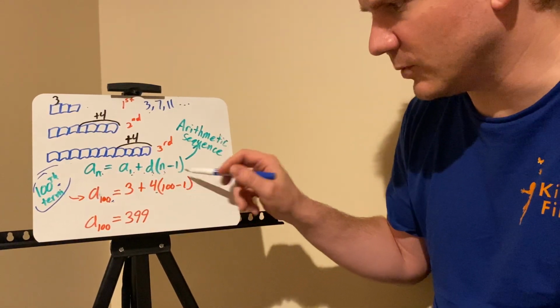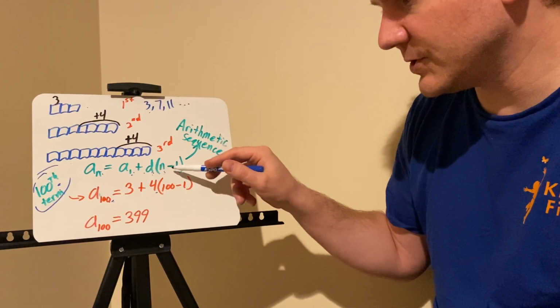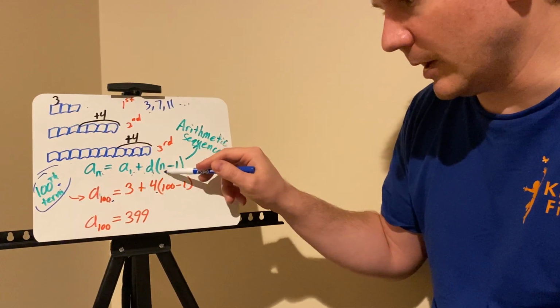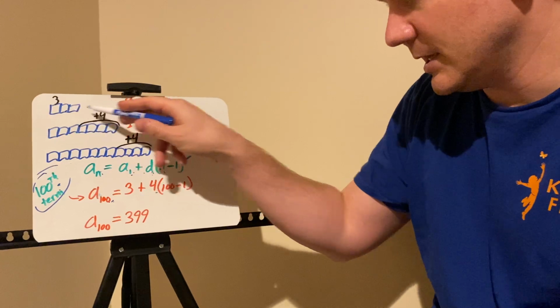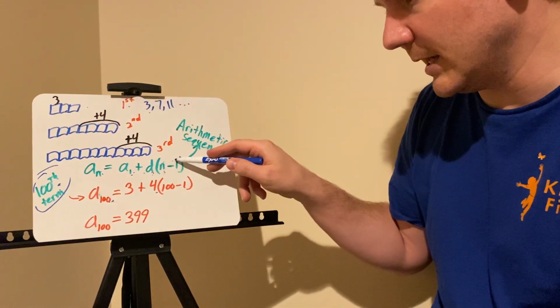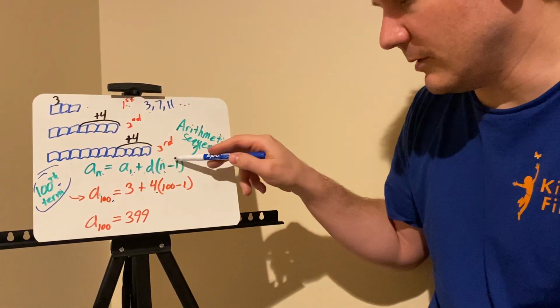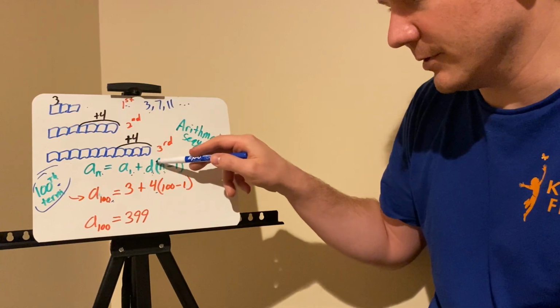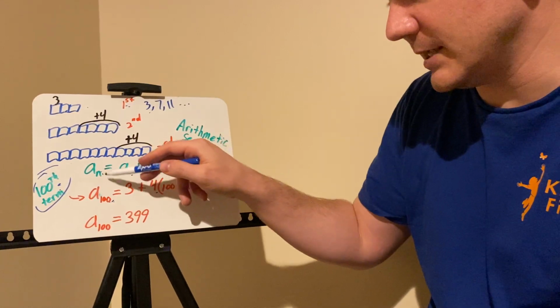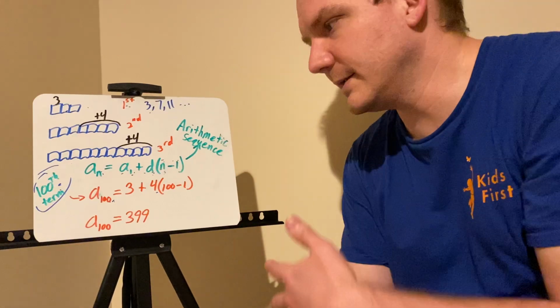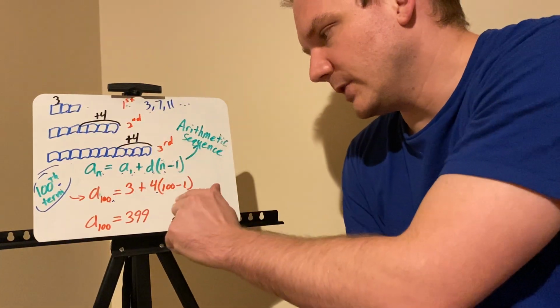The reason we subtract 1 is because if we're looking for the first term, you'd actually want this to zero out. So my first term would be 1 minus 1, which is 0. 0 times 4 is 0, plus 3 is 3. So a sub 1 would equal 3. We want that to happen. So that's the subtracting 1 piece there.